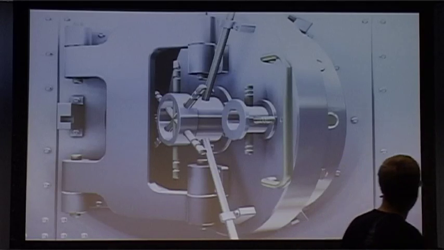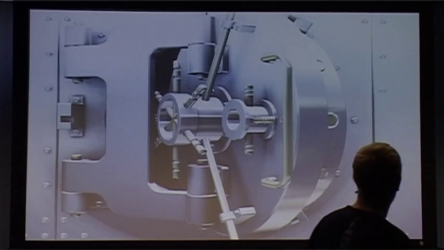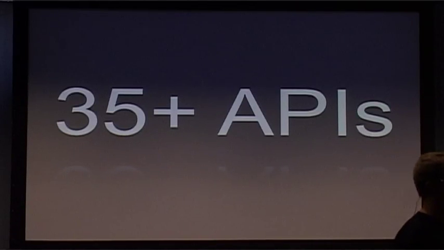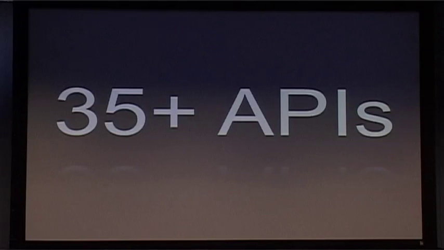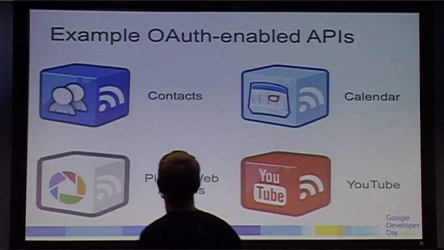So let's get into it. First of all, what data is behind the walls of OAuth 2.0? What data does Google have protected by OAuth 2.0? We have more than 35 APIs just at Google that are using this protocol for authorization. 35 APIs that allow you as an application developer to connect the user with their data and enhance your applications.